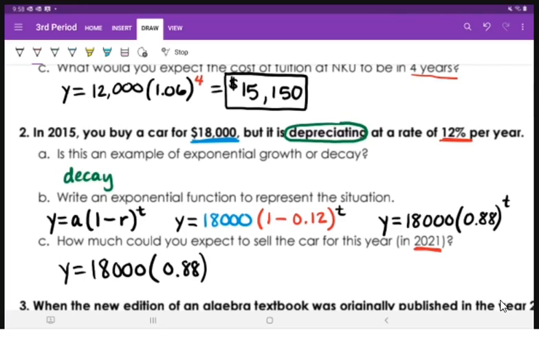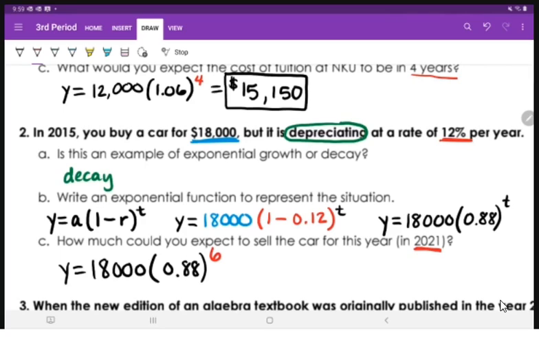Remember that t, time, represents how much time has passed. So if this problem started in 2015, and the problem's asking me to analyze the answer in 2021, how much time passed between those 2 years? 6 years. 6 years has passed. So in for t, we're going to plug the number 6.